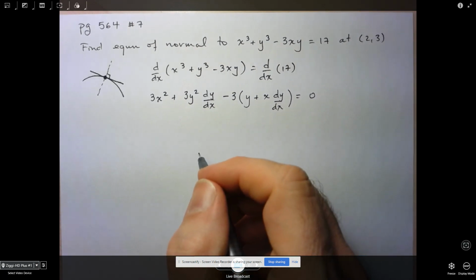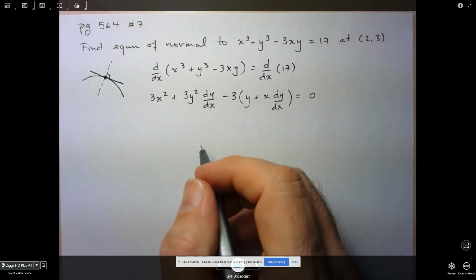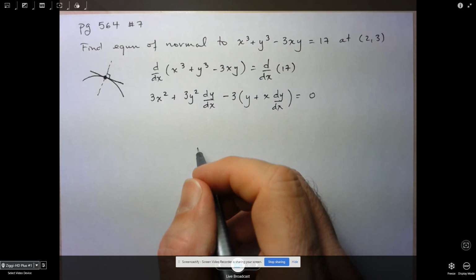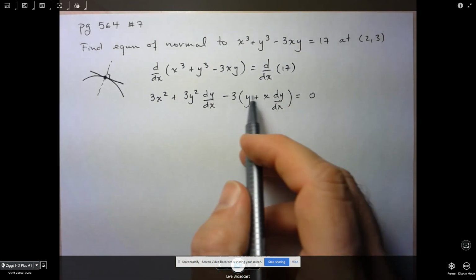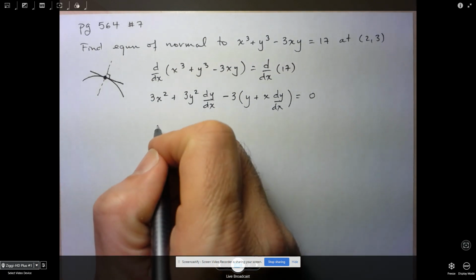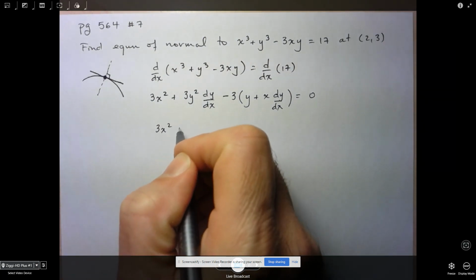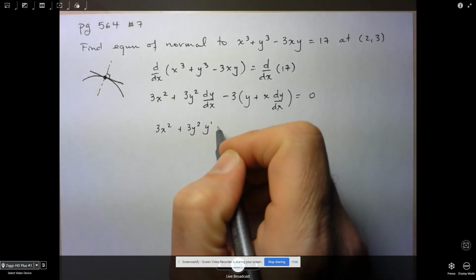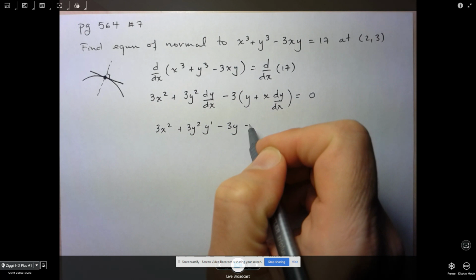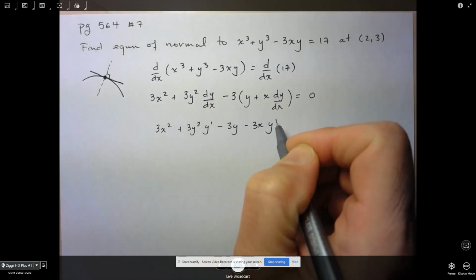Okay, so the trick here now is to group together all terms that have the derivative of y with respect to x and bring all other terms to the other side of the equation. So first thing I'm going to do is simplify the left-hand side. So I've got 3x squared plus 3y squared y prime minus 3y minus 3x y prime.